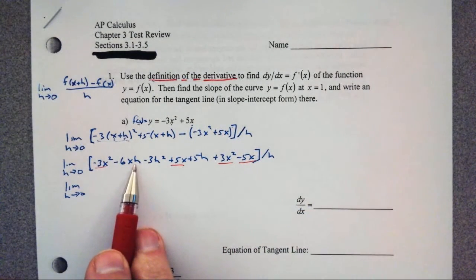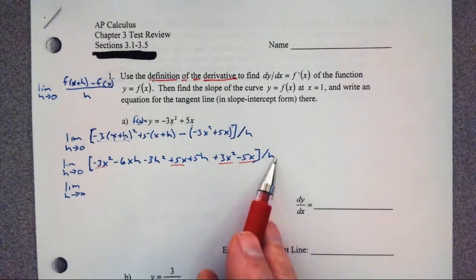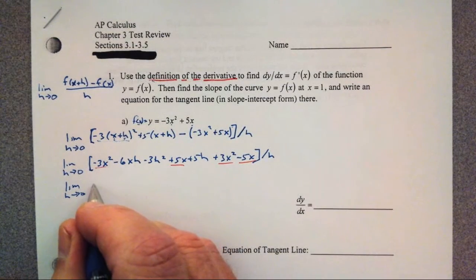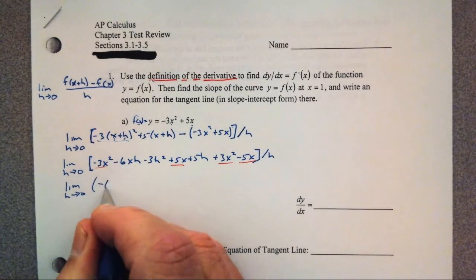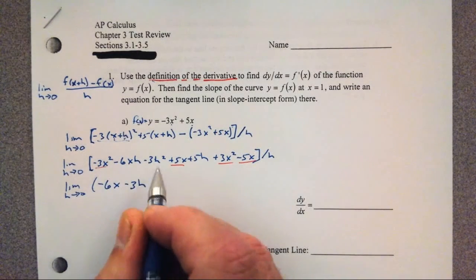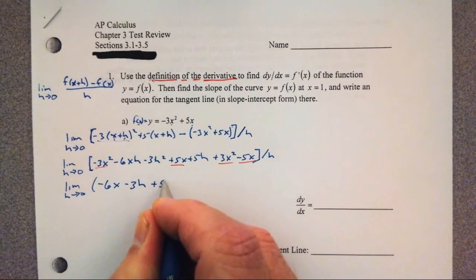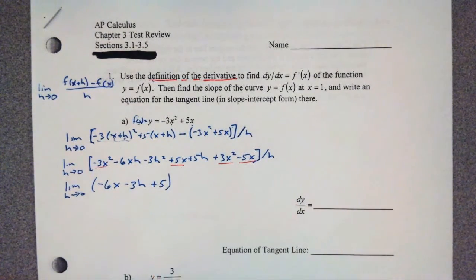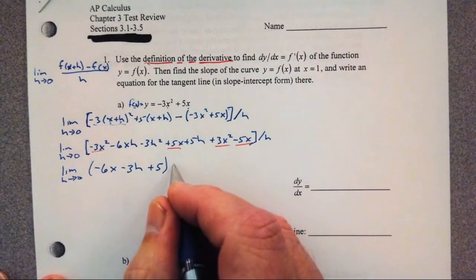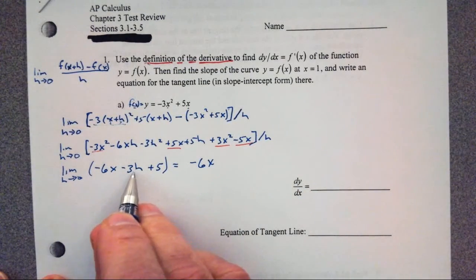All of the rest of my terms in the numerator have a factor of h, which I'm going to cancel with this h, so I'm left with minus 6x, h cancels, minus 3h, one of the h's cancels, and a plus 5, and I've canceled the h in the denominator. At that point, I'm direct substituting 0 in, and I get negative 6x minus 3 times 0, plus 5.